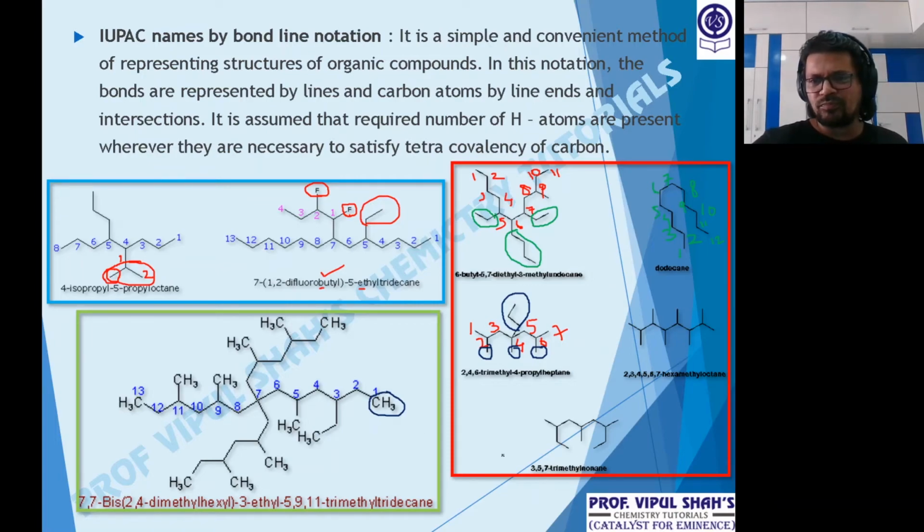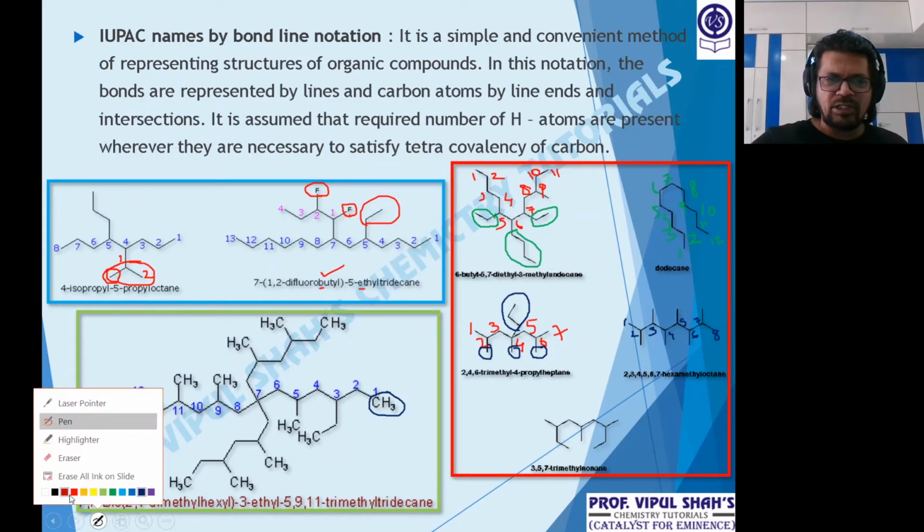See more now. Here we have how many carbon atoms? 1, 2, 3, 4, 5, 6, 7, 8. Now the branches are at what position?